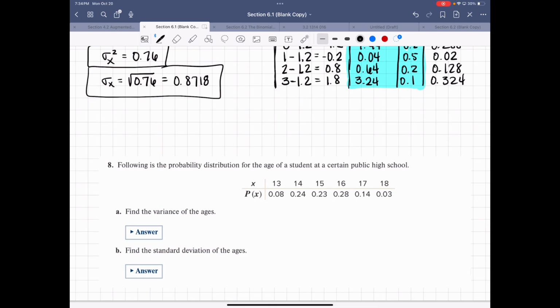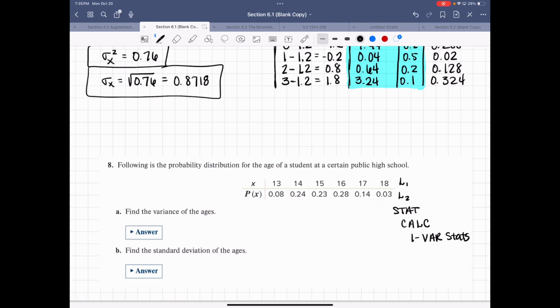So we put this in L1, this in L2, then we did stat, calc, and 1-Var Stats.